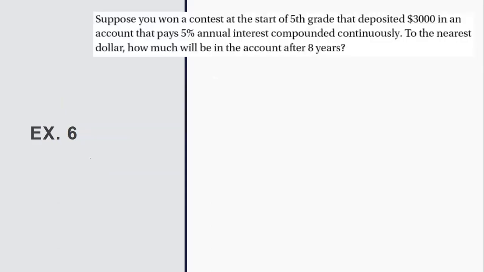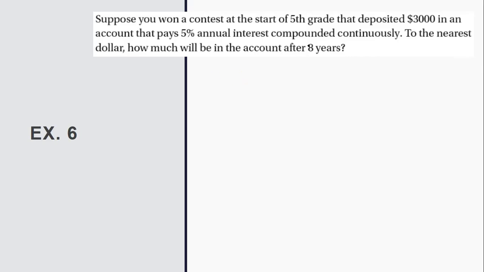Our problem we have here is: suppose you won a contest at the start of 5th grade and deposited $3,000 in an account that pays 5% annual interest compounded continuously. To the nearest dollar, how much will be in the account after 8 years? So in 5th grade, you won this super contest. Maybe it was a book contest, maybe it was something else, but you won a contest.